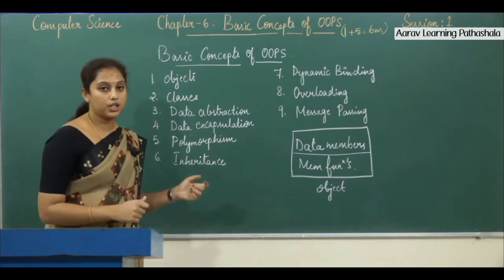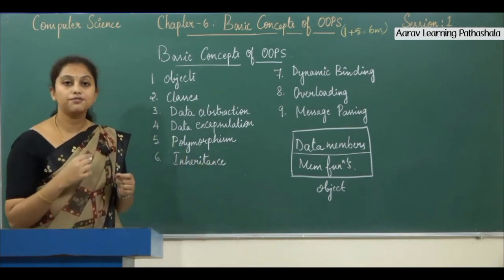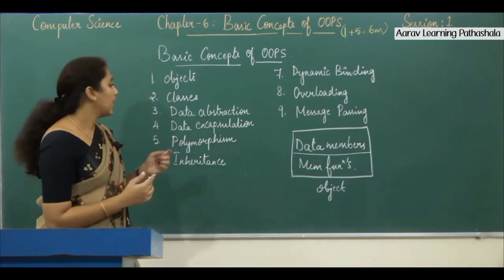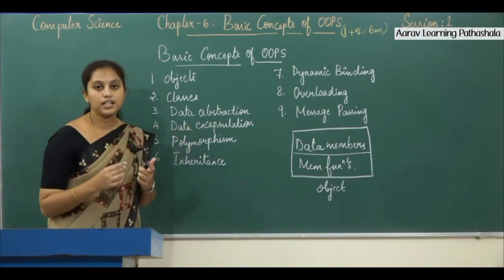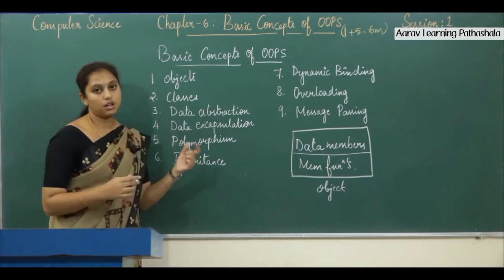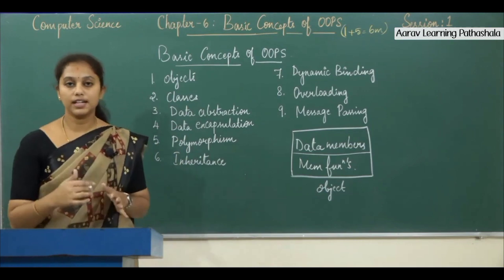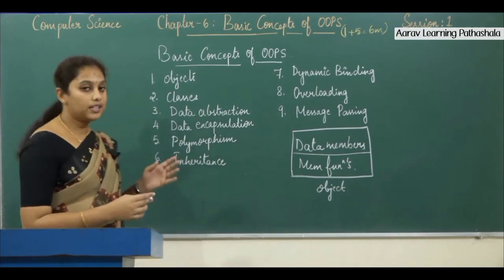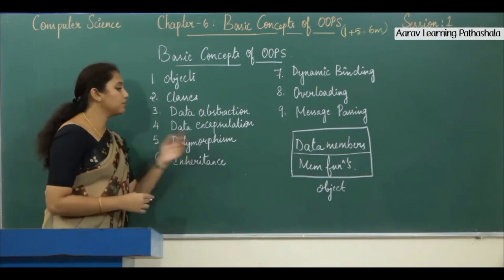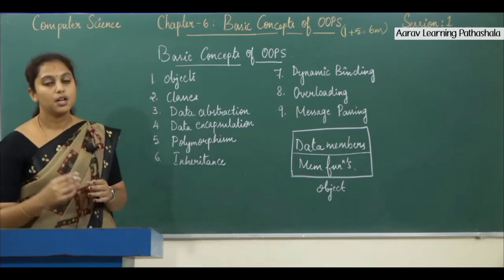Next, encapsulation. It combines data and functions into a single unit called class. The direct access to the data is not possible. We can access the data only through the member functions present inside the class, and thus it provides data security. Next, polymorphism. What is polymorphism?